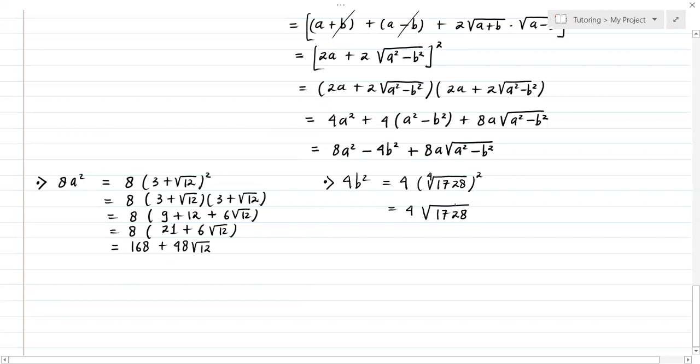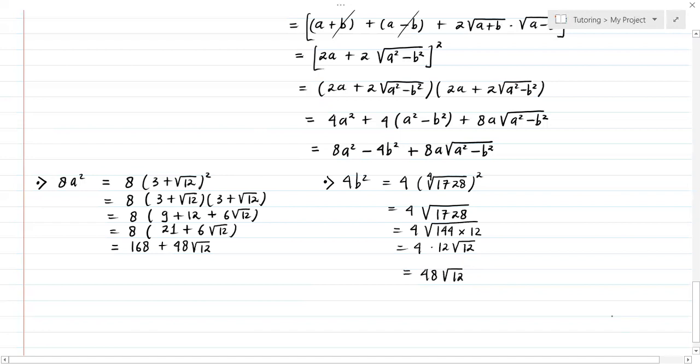Then I can write 4 multiplied with root of 144 times 12. The root of 144 is 12, so here root of 12. So the result is 48 root of 12.